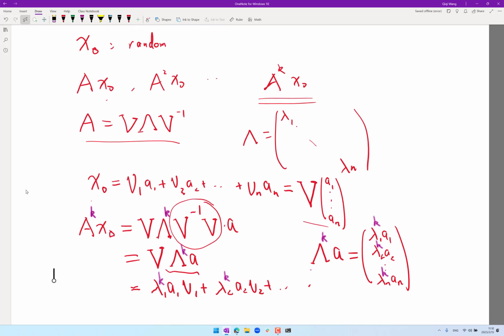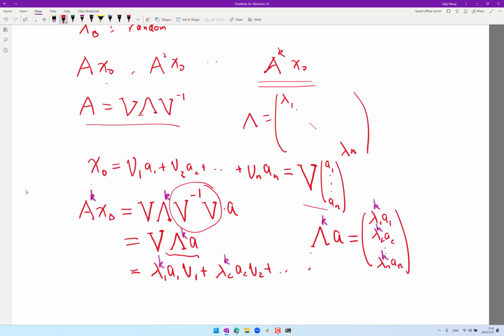Of course, because we know lambda 1 is greater than lambda 2 in magnitude, the magnitude of the first term is going to be much larger than the magnitude of the second term, third term, etc., when raised to a high enough power. So here we'll just write this as just the leading term plus, using big O notation, lambda 2 to the kth power, right?